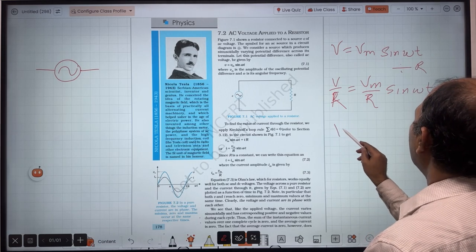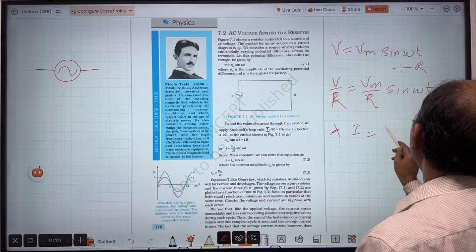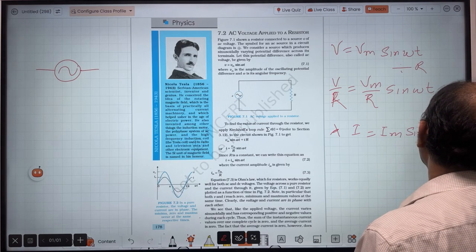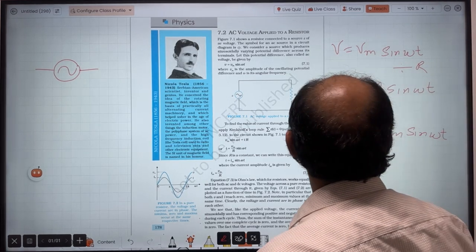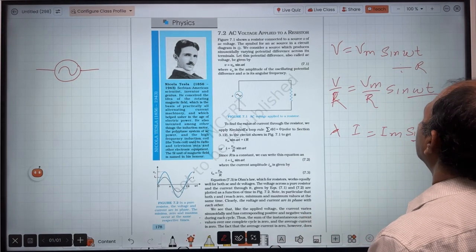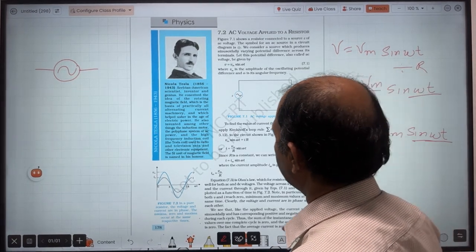We can write it as I equal to Im sine omega t. So both voltage and current are in the same phase.